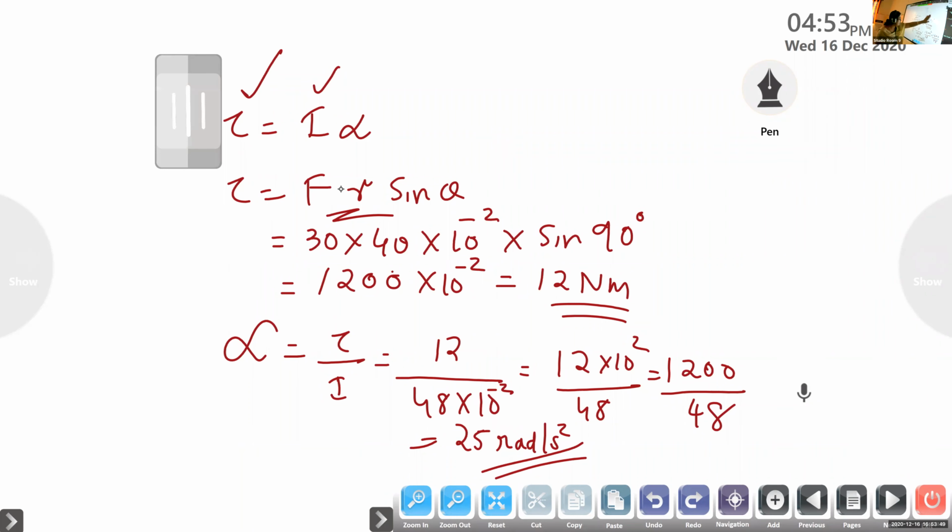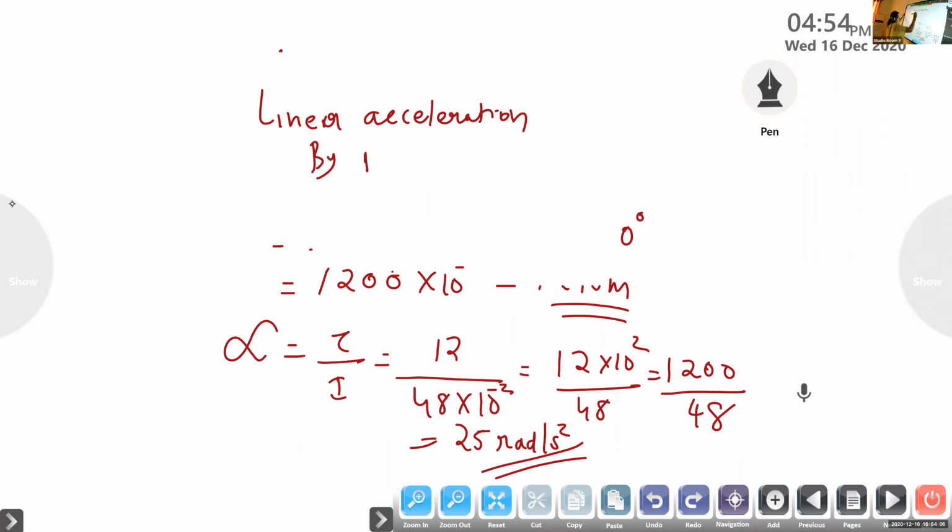Now second part, linear acceleration, that is A. It is very simple. You can apply Newton's equation. If you want to find out linear acceleration, by Newton's second law we have F is equal to ma.